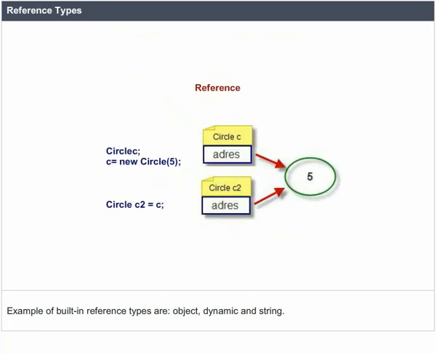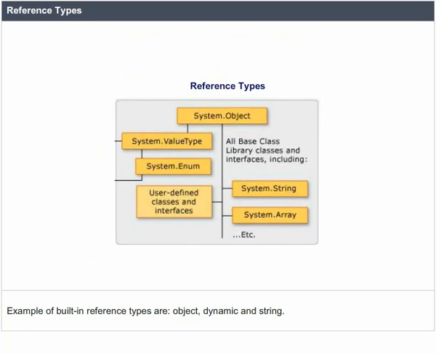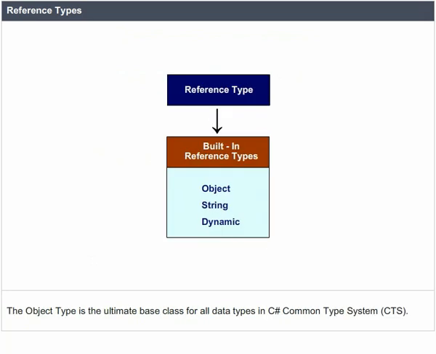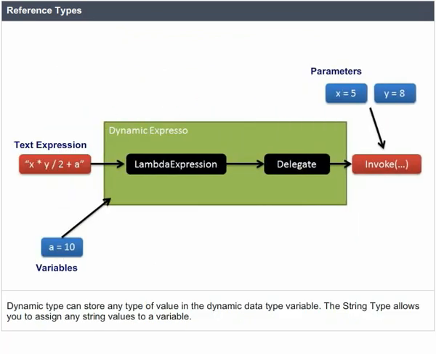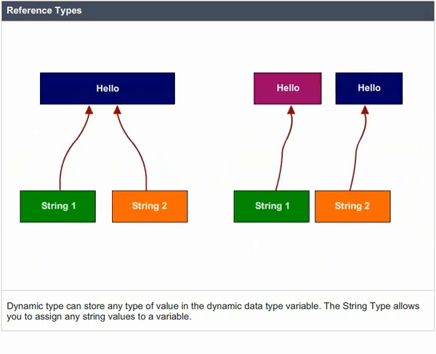Examples of built-in reference types are object, dynamic, and string. The object type is the ultimate base class for all data types in the C# Common Type System, CTS. The dynamic type can store any type of value in the dynamic data type variable. The string type allows you to assign any string values to a variable.